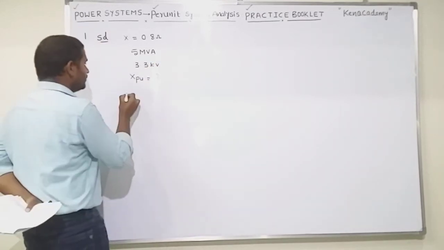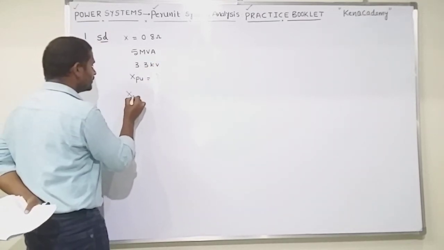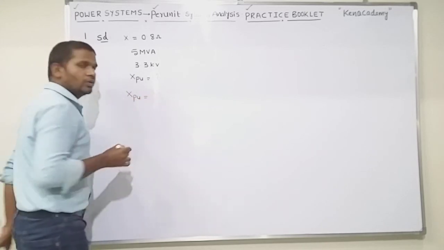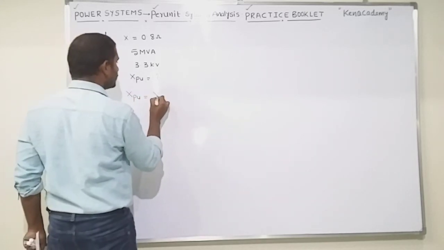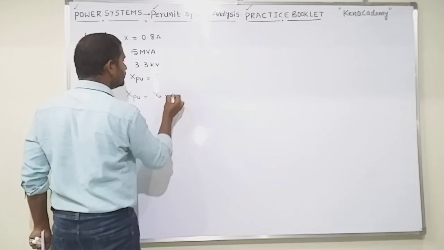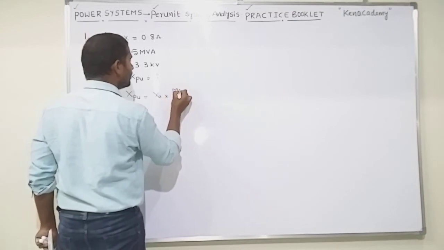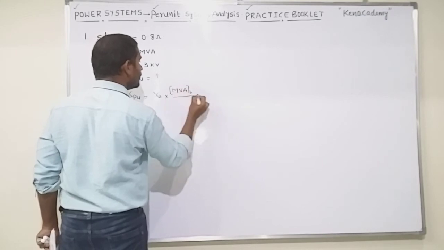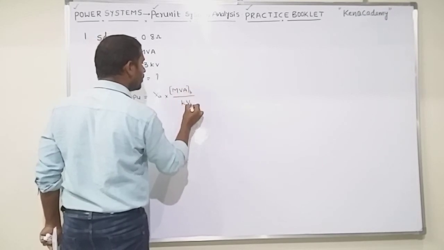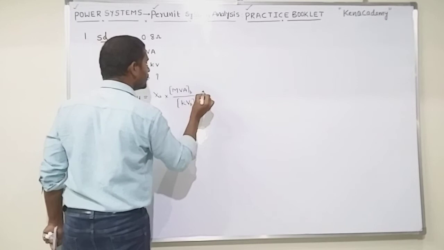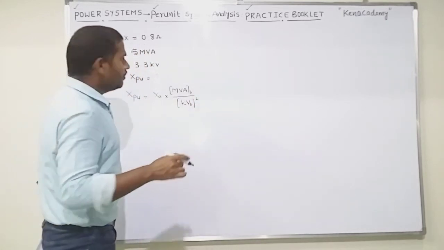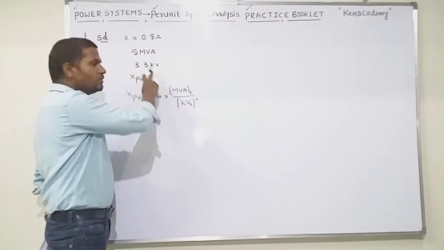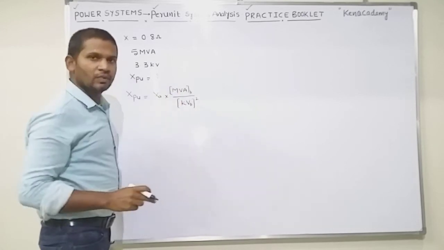You know the formula, I already gave it in the concept. The per unit reactance equals actual reactance times base MVA by base kV whole square, the voltage base squared. Because the ratings are given in higher values, that's why I take MVA and kV.